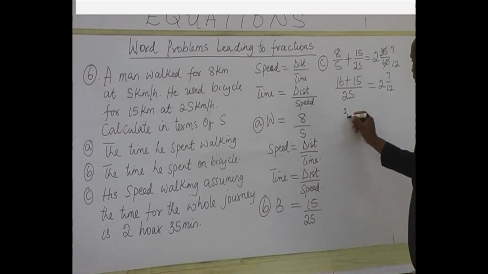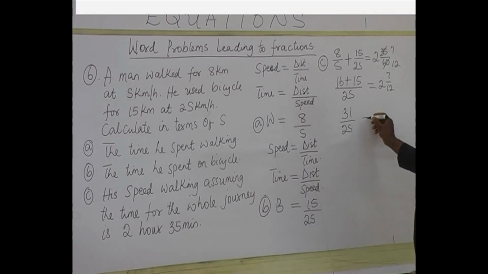So we have 31 all over 2s is equal to, change this to an improper fraction. 12 times 2 is 24. 24 plus 7 will give you 31. So we have 31 all over 12.